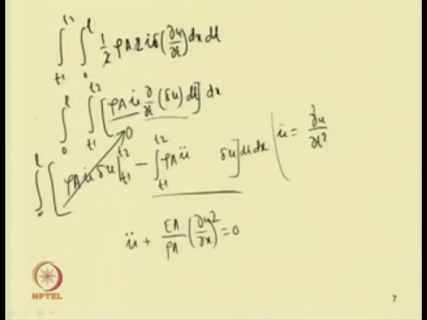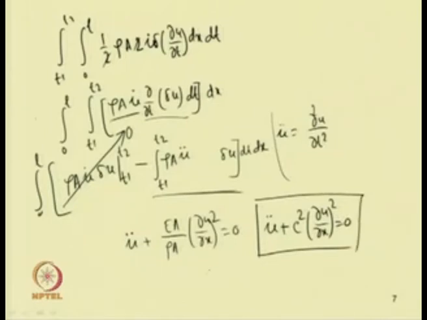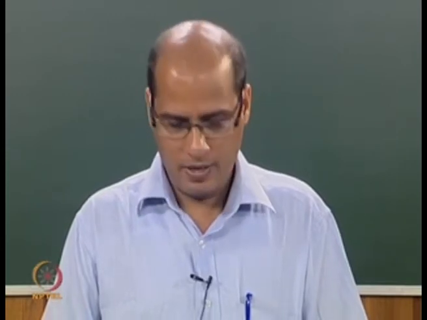So here A can be cancelled, or one can write this equation as u double dot plus c square del u by del x whole square equal to 0, where c square equal to E by rho, or c equal to root over E by rho. So this is the equation for a longitudinal vibration of a beam when we have taken a linear system.